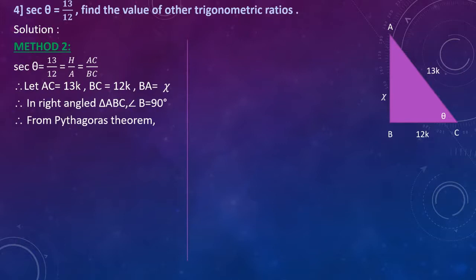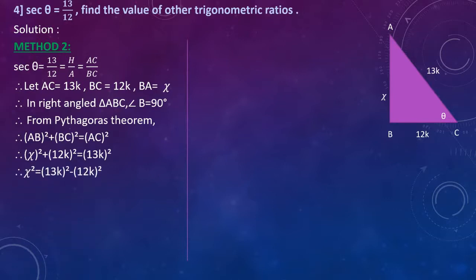So by using Pythagoras theorem, we get AB square plus BC square is equal to AC square. Now AB square is x square plus BC square, that is (12K) square, is equal to (13K) square. Now by rearranging it, we get x square is equal to (13K) square minus (12K) square.